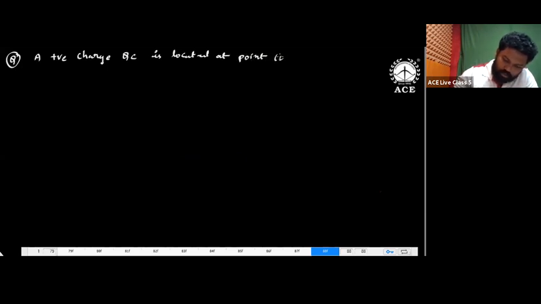A positive charge Q coulombs is located at point (0, 0, 3) and a negative charge of minus Q coulombs is located at point (0, 0, minus 3).